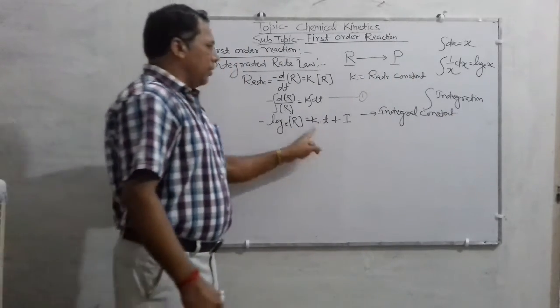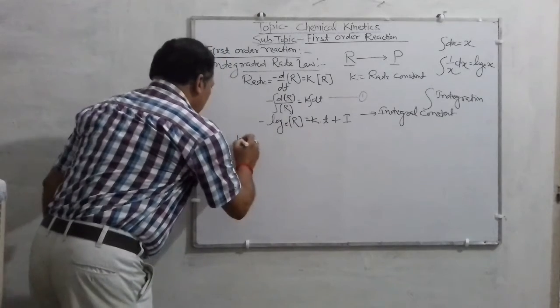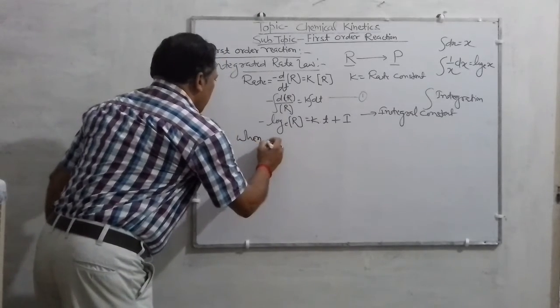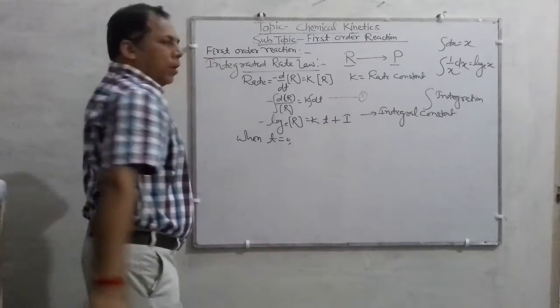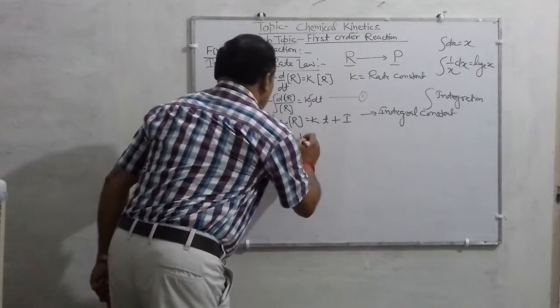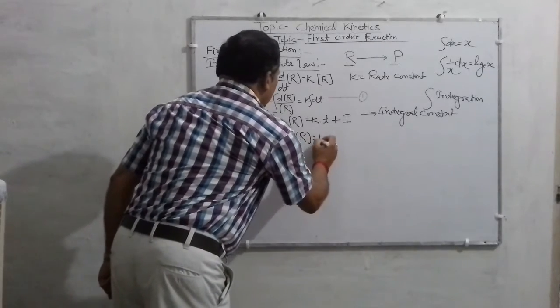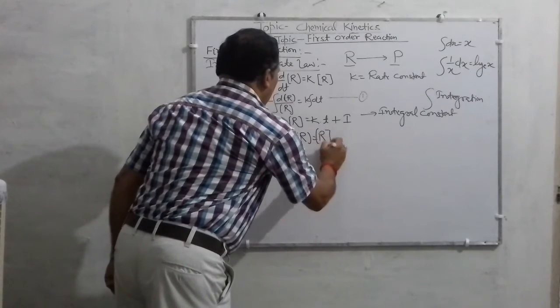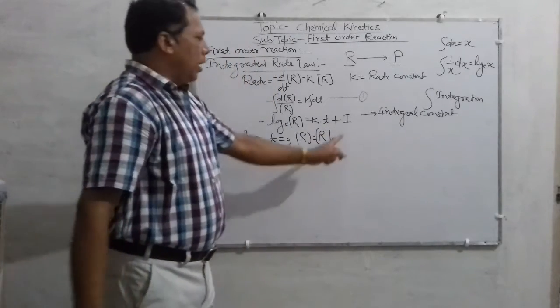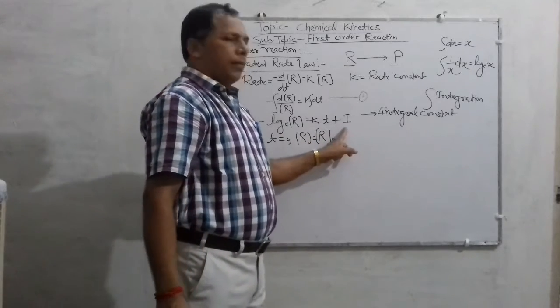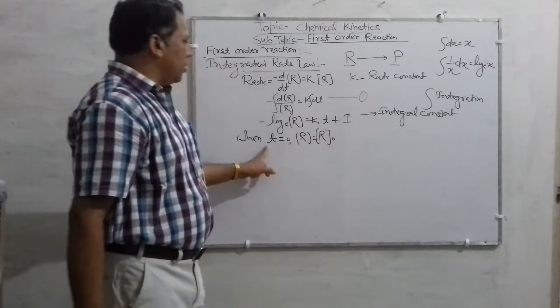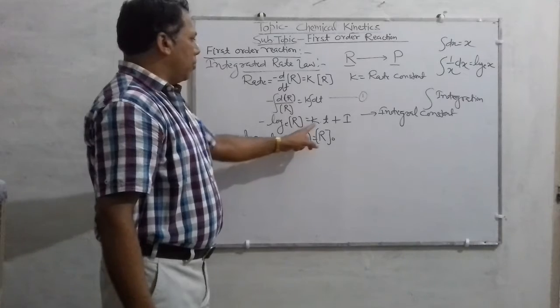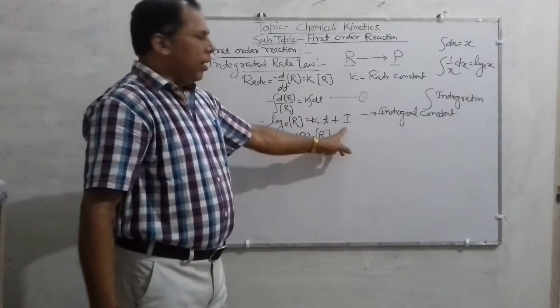Okay? So in this expression, children, when t is 0 and r equals r0, then we can easily find the value of I by putting this condition in the equation which comes after integration.